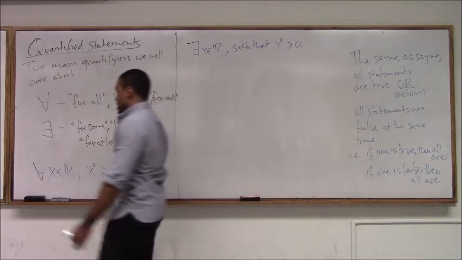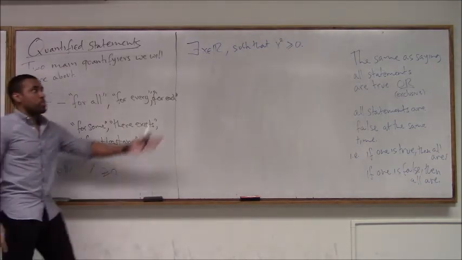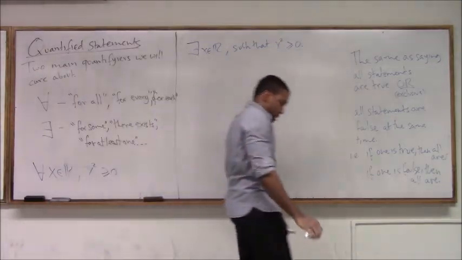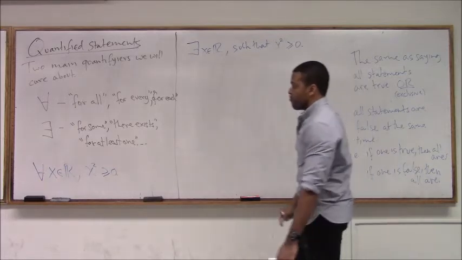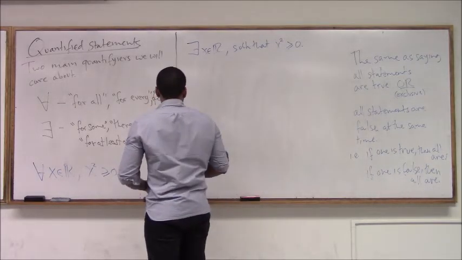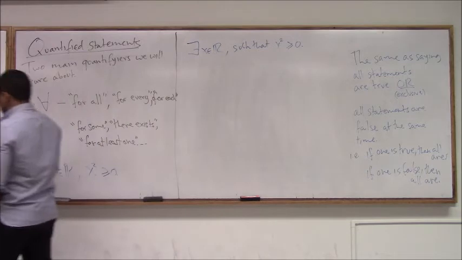Right? This means it will happen for everybody. This means it happens for at least one person. Both of these happen to be true statements. So those are called quantifiers.